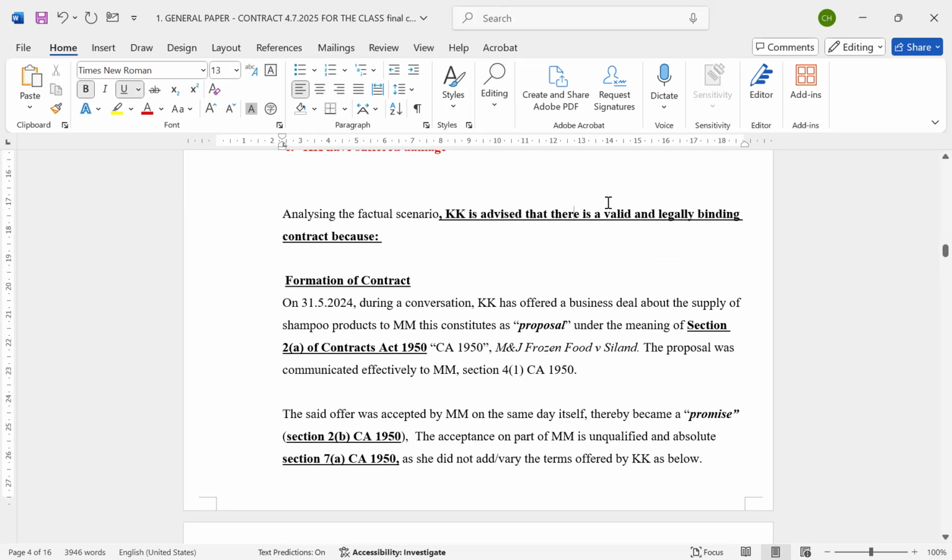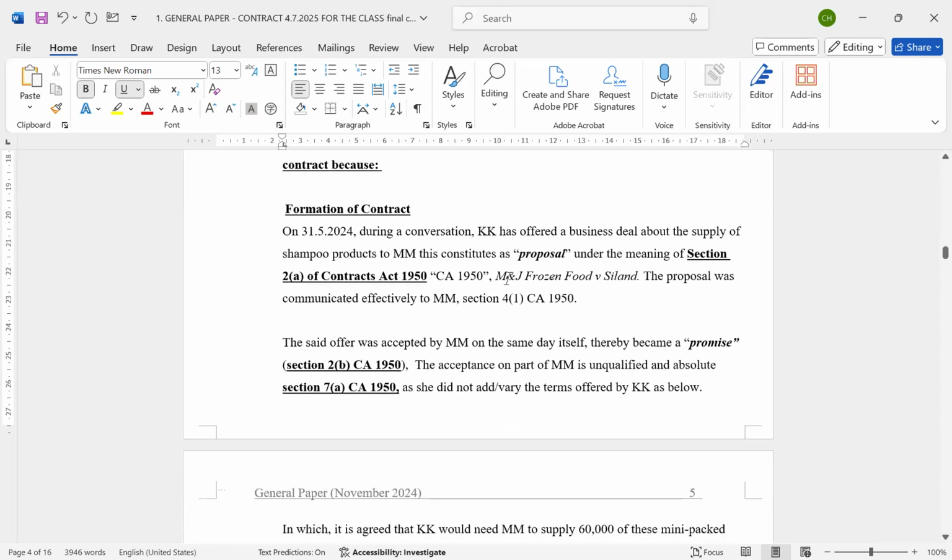Don't just talk about the legal principle without relating to your facts. This is very wrong, and you don't have the luxury of time to do so during examination. So you straight away go to the point.